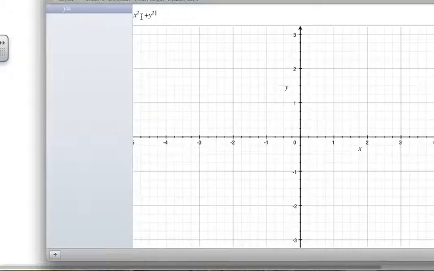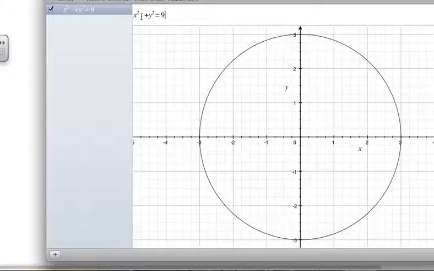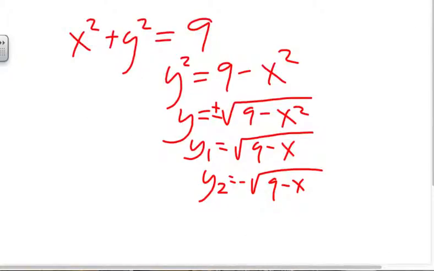And the reason that didn't go over is because I didn't use my arrow keys to get out of my power. And there's a circle. As you can see, we didn't have to solve it. It's centered at 0, 0, has a radius of 3. I would strongly suggest you start playing with Grapher.